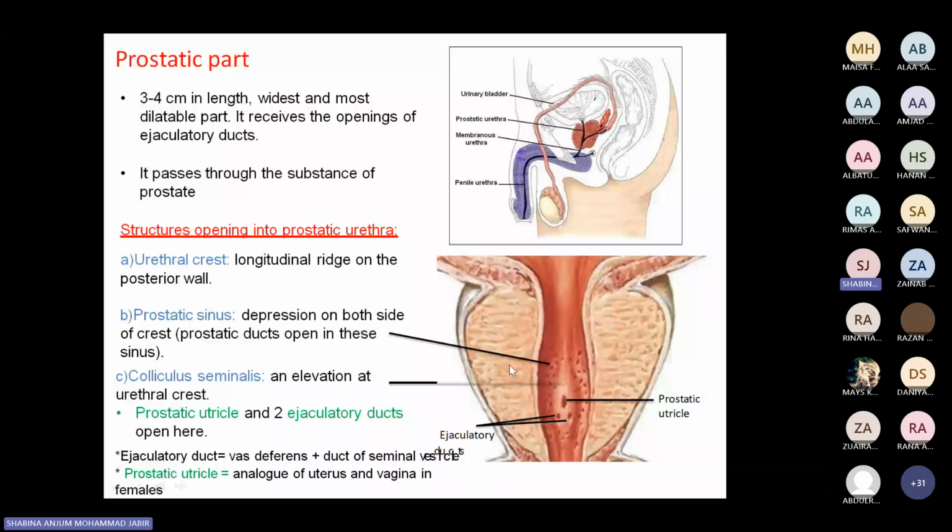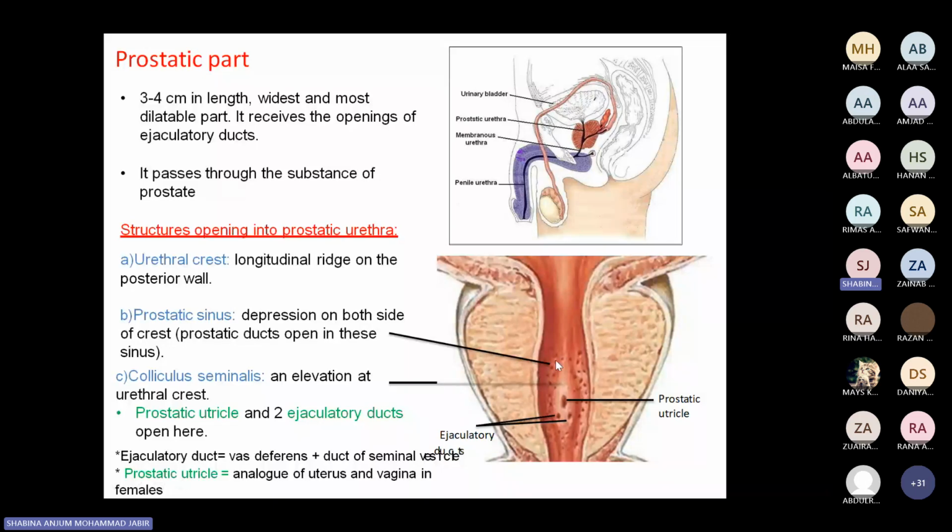Then on the sides of the crest, we have small openings, depressions on both sides of the crest. At these sinuses you will get the openings of the prostatic ducts. The prostatic ducts are not only one or two; there are multiple small ducts which open into the prostatic sinus.